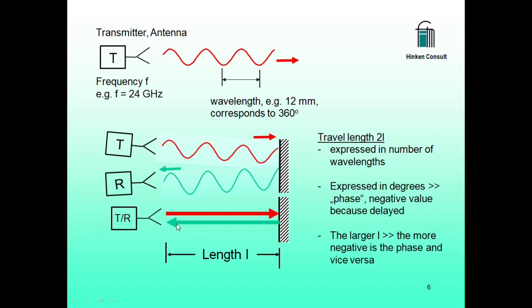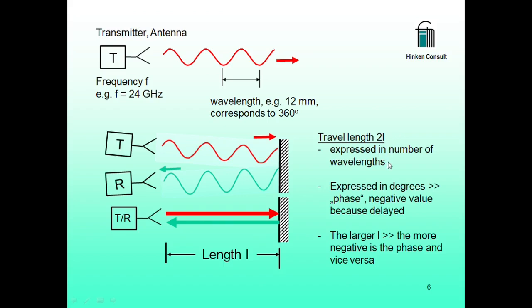Then the travel length, that is forth and back, is 2l. The lengths, as I mentioned, sometimes are expressed in number of wavelengths. For example, if the length is just 12 millimeter, then we have the travel length being 2 times 12, that is 24 millimeter.